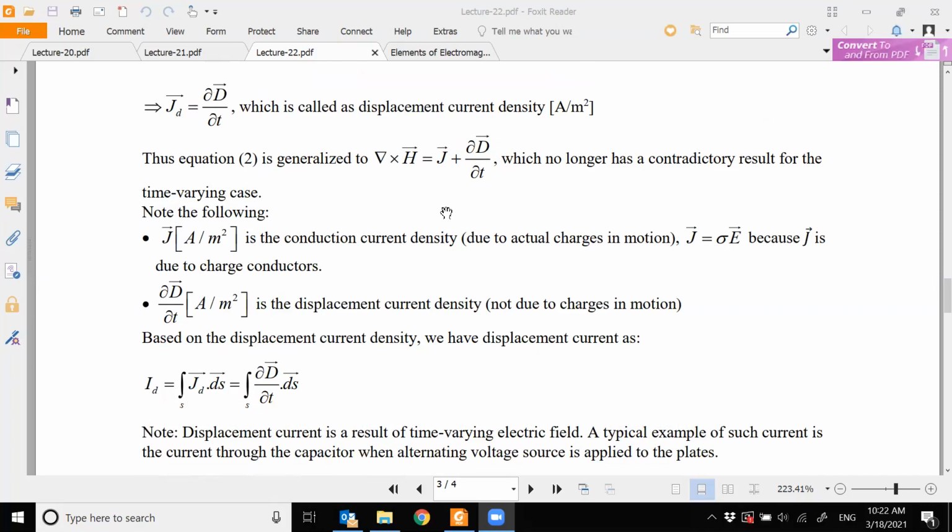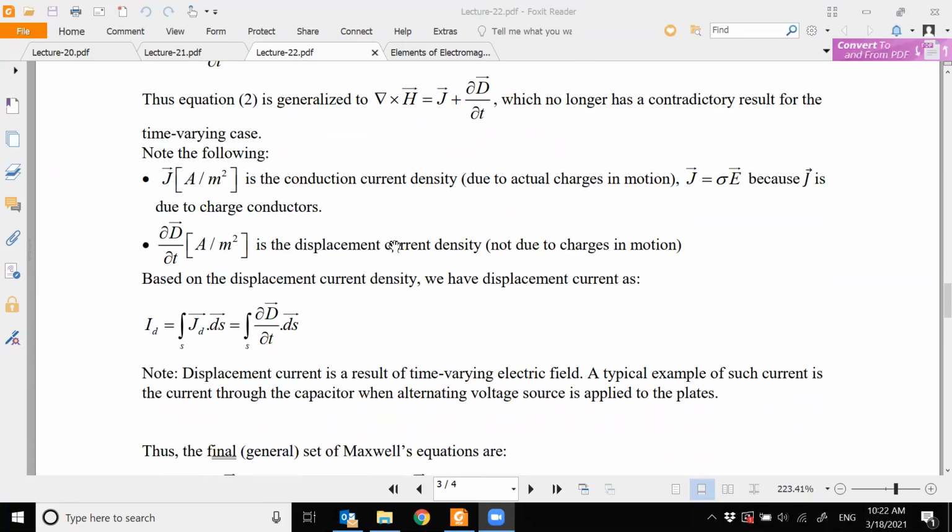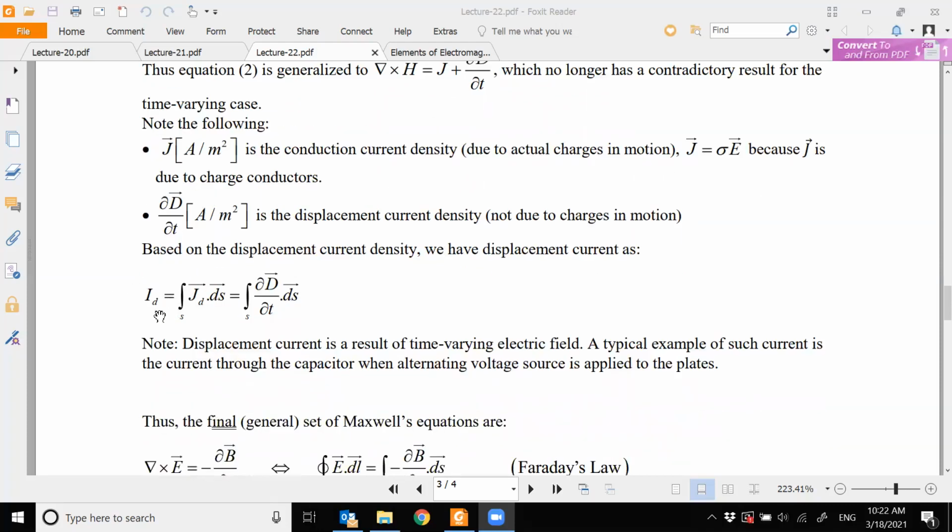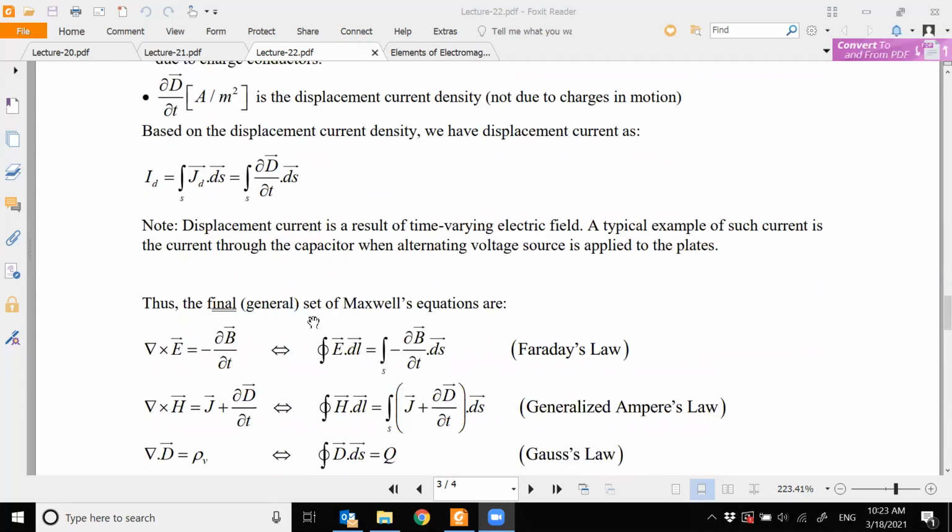And you can also find the displacement current from the displacement current density, which is over the surface JD bar dot ds, in a very similar way, which is nothing but the integral over surface of dou D bar over dou T times ds. And therefore the displacement current is the result of the time varying electric field, because this is electric flux density.